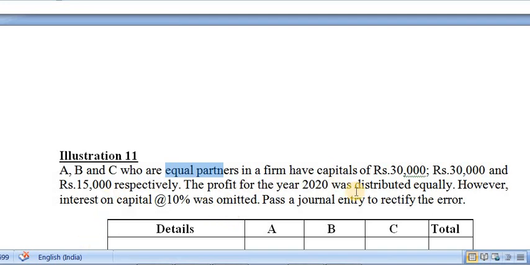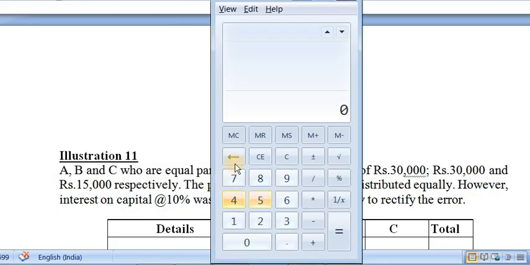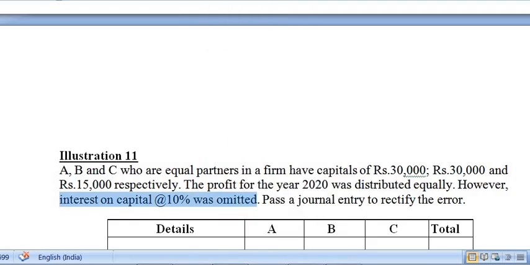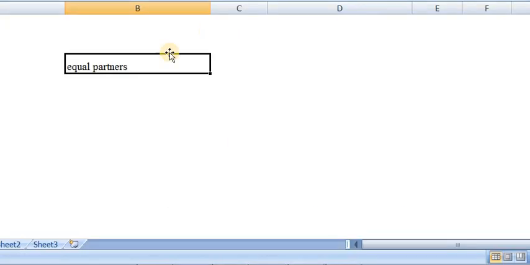The profit was distributed equally, but interest on capital at the rate of 10% was omitted. This is the problem. Okay, I will copy and paste it. We don't need this.